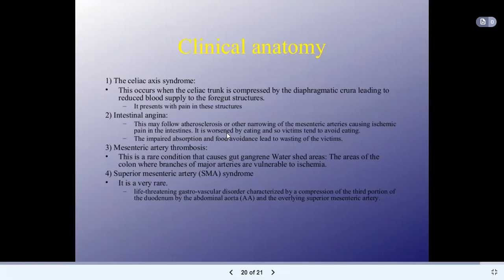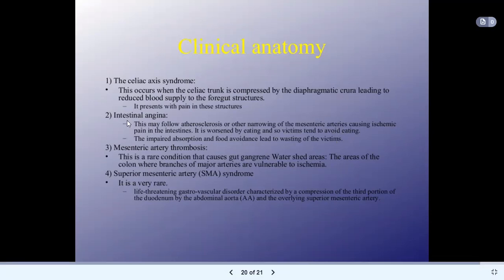Now, it is worsened by eating, and so victims tend to avoid eating. So when the patient finishes eating, the pain increases. So we'll call that intestinal angina. The impaired absorption and food avoidance lead to wasting of the victim. So now what does this mean?